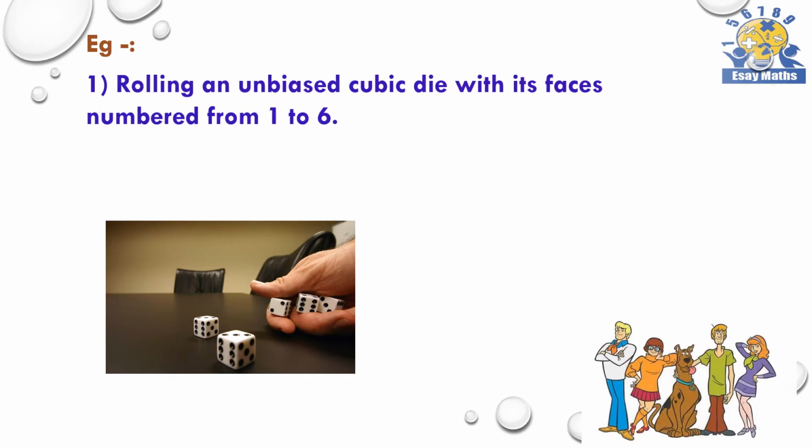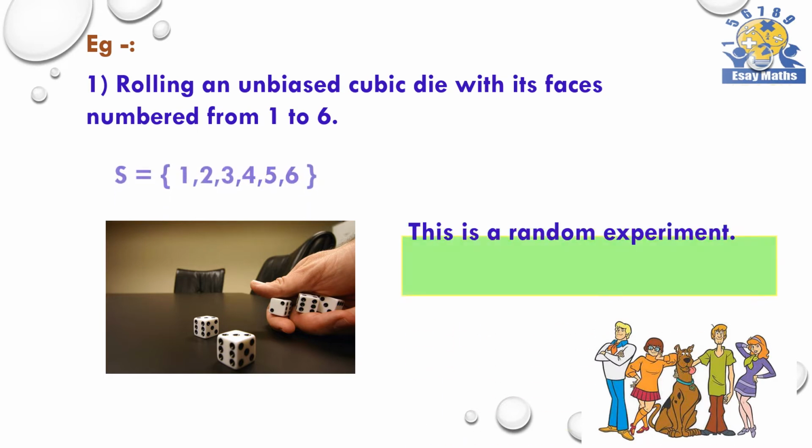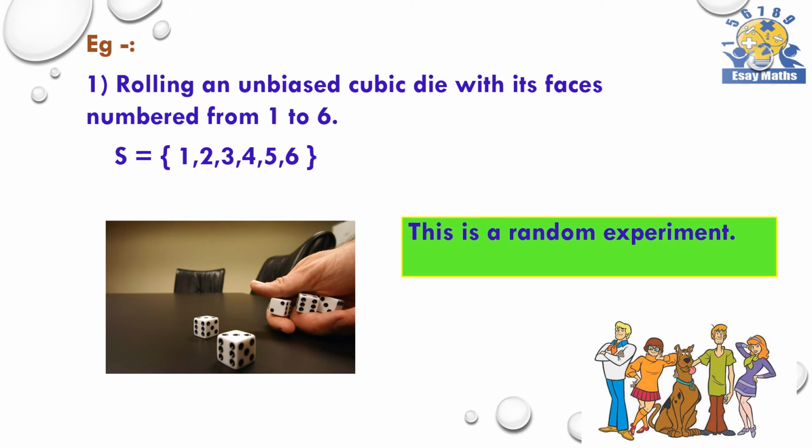Rolling an unbiased cubic die with its faces numbered from 1 to 6. Now we can check whether this is a random experiment. We know all the possible outcomes. What are the possible outcomes? 1, 2, 3, 4, 5 and 6.